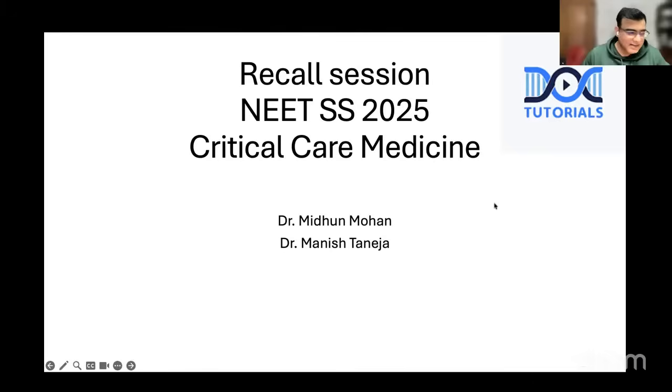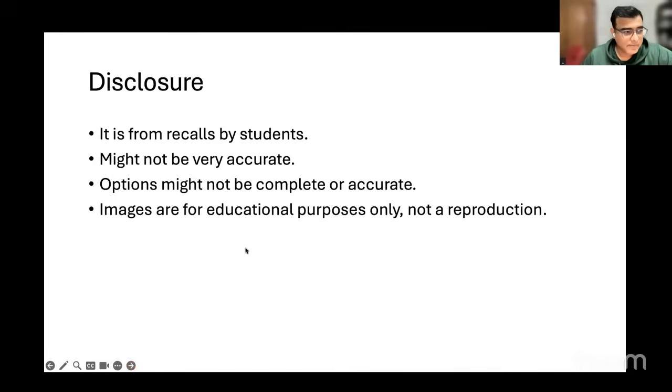So we just had NEET SS critical care, and this is a recall session based upon all the recalls that we have collected. You have to understand that this is a recall session and there are certain disclosures attached with it.